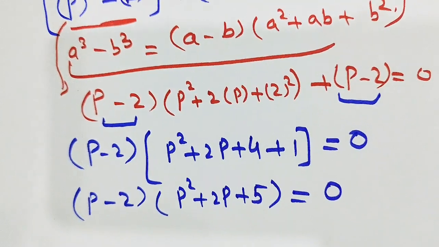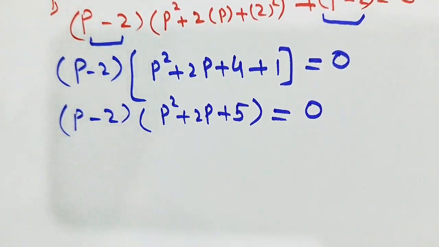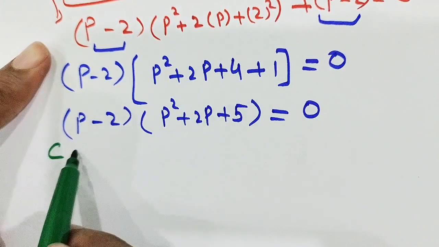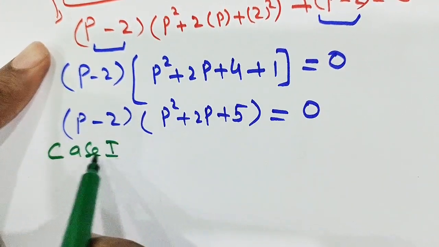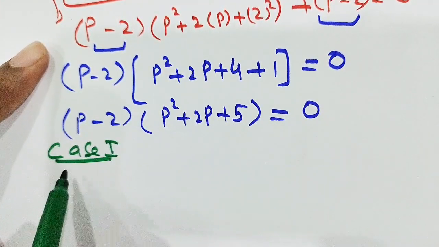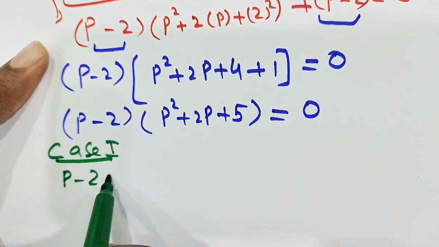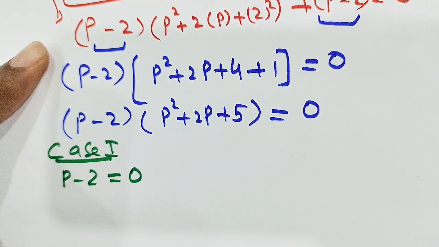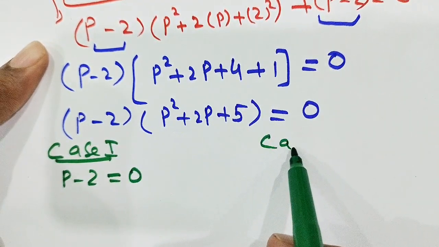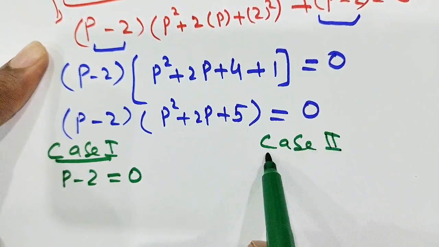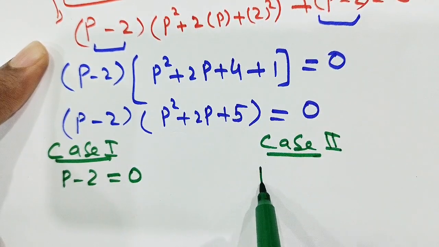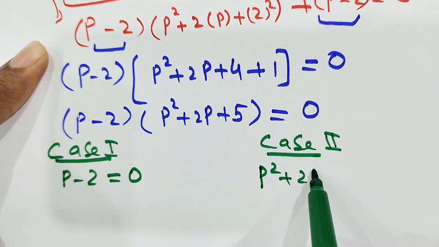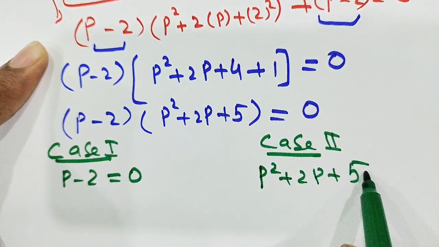From here we have two very interesting cases. What is case number 1? Case 1 is simply p minus 2 is equal to 0. Whereas what is our case number 2? Case number 2 is simply p square plus 2p plus 5 is equal to 0.